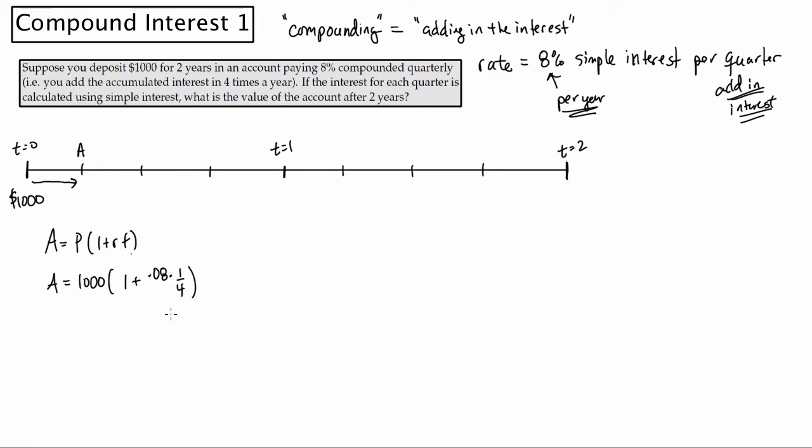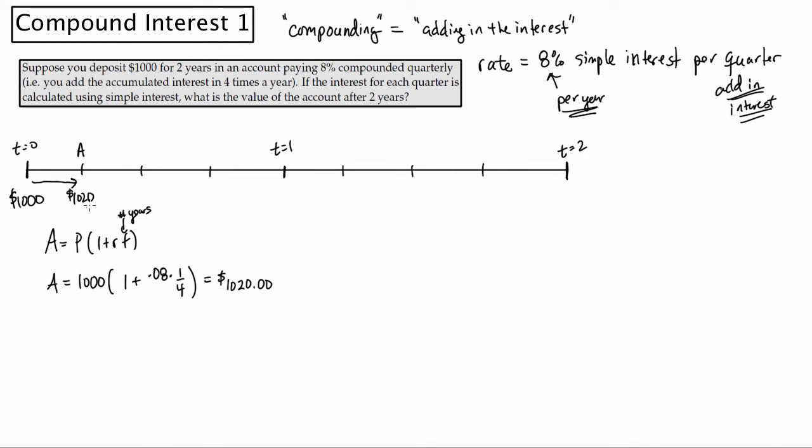Remember that the T in the simple interest formula is the number of years. So if we're doing a quarter of a year in this first little bit, then T would be equal to 1/4. If you just stick that in a calculator, the answer is $1,020. So at the end of the first quarter, we have $1,020.